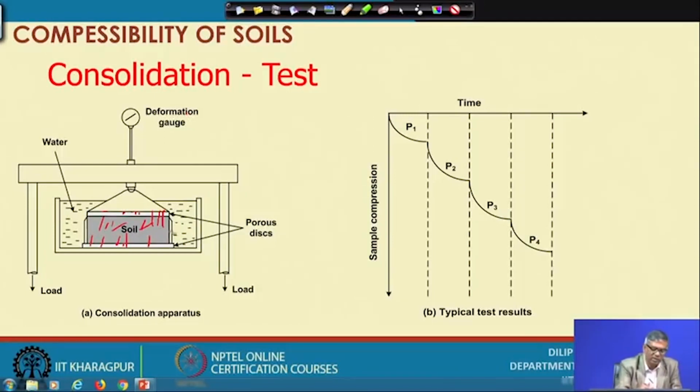With volume change restricted in the other directions, we can assume it is one dimensional, so vertical compression will take place. In the laboratory, if you do this and apply a consolidation, another important thing is this: if I apply load P 1, there could be an end of consolidation.